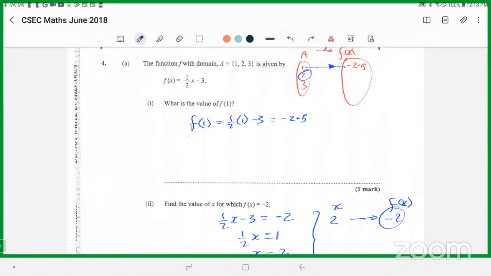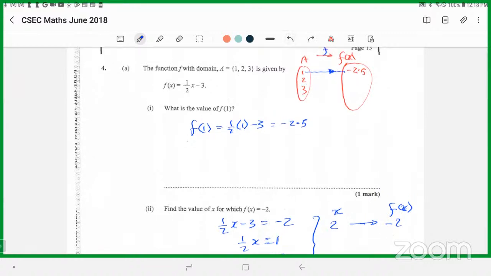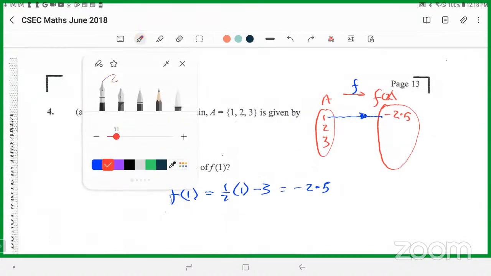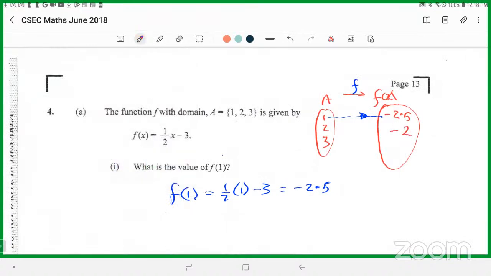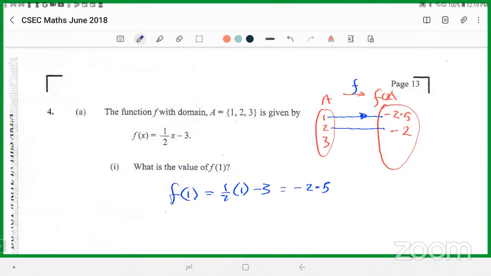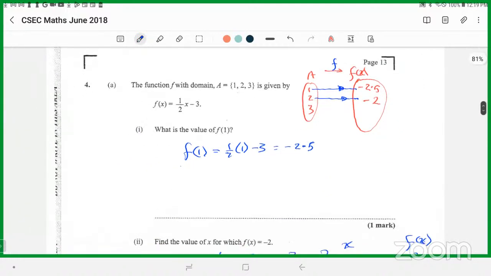So on the mapping diagram, I'm going to put the negative 2 in there. I now know that 2 maps onto negative 2. So one thing we don't know is what 3 maps onto.